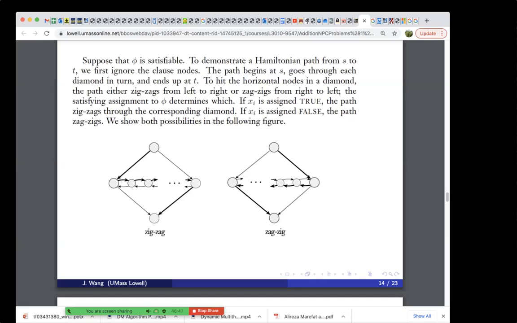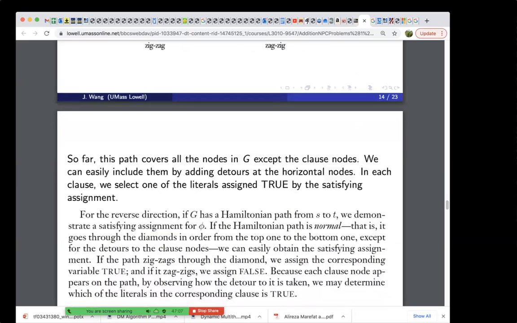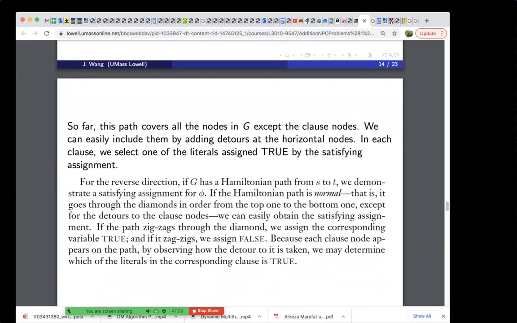So then the opposite is also true. If I have a Hamiltonian path to go from S, go through every other node exactly once down to T, then I can find a truth assignment to these variables. Okay. So for the reverse direction, right?